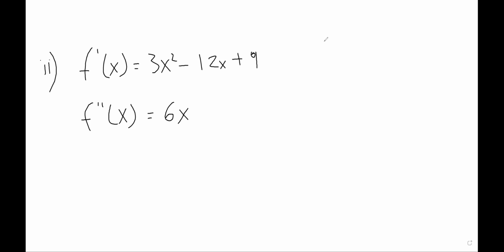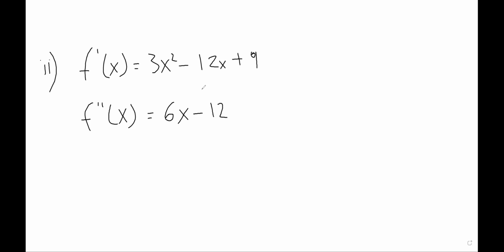The differential of 12x is just gonna be equal to 12. So this is our differentiation. We differentiate the original function twice. We get 6x minus 12, right?